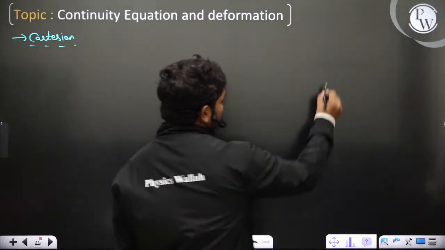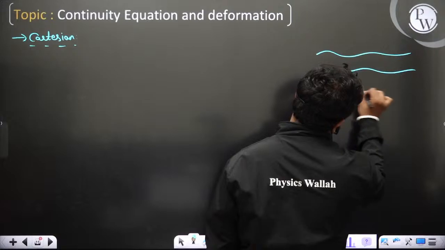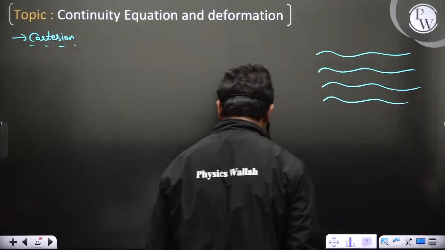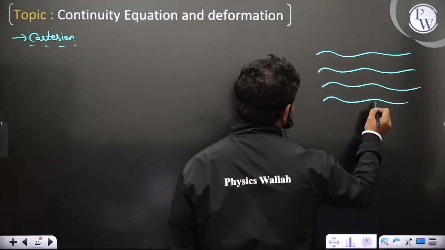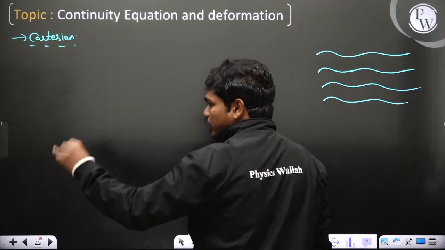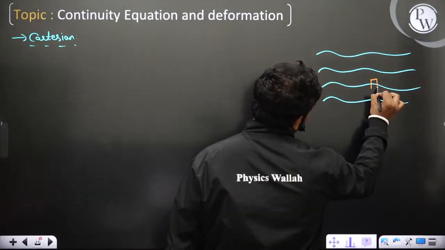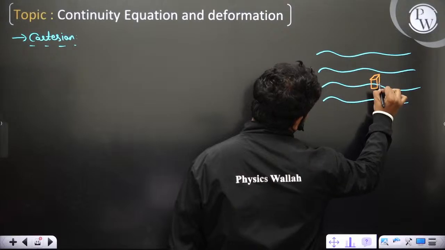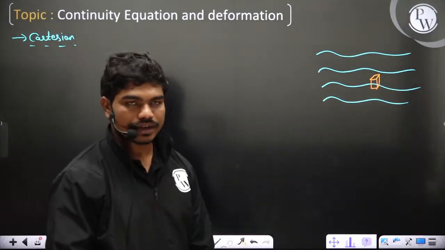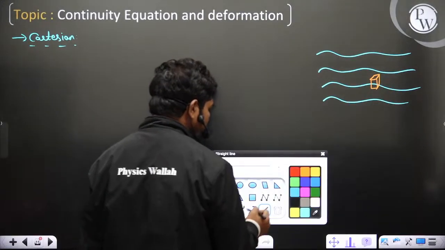If you see there is a flow happening, then if you want to analyze this flow, you can also get the continuity equation using control volume analysis. I'll show you, but right now you can focus here. Let us suppose we have taken a small cube of fluid, like the common case we take every time.